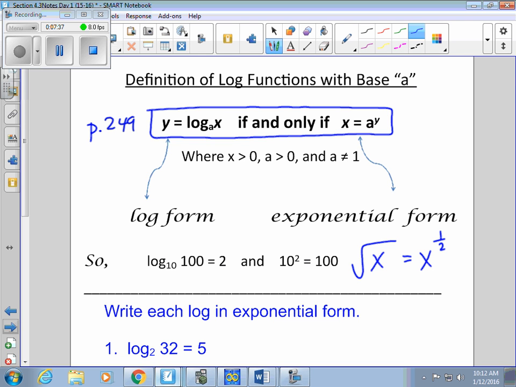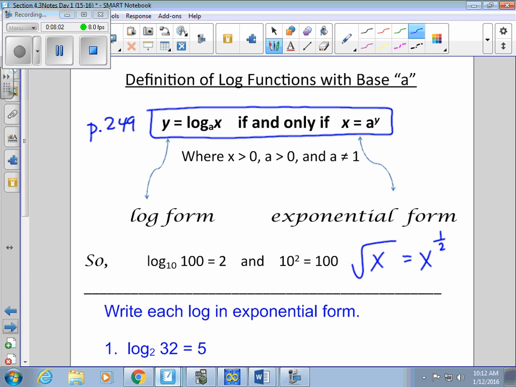Every exponential function can be written as a log, and every logarithmic function can be written as an exponent. So how we kind of teach you to deal with logs is, if you see it like this, rewrite it like that and use your exponent rules because you're better at those.